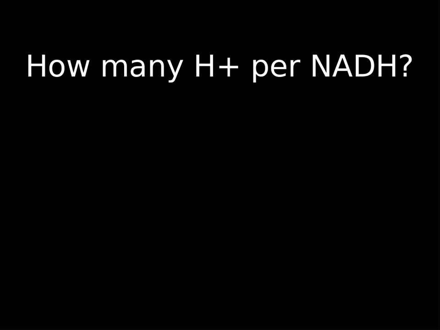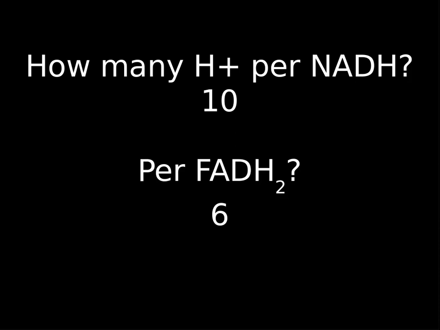So how many protons per NADH? There are 10 protons that you pump across the membrane for every NADH that donates electrons to the electron transport chain. In the case of FADH2, we get 6.